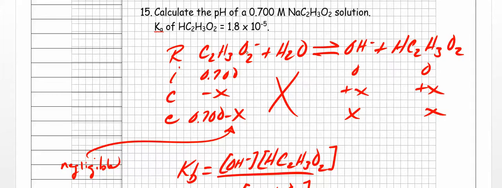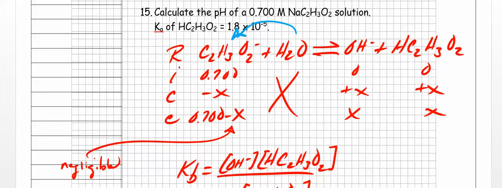So let's undergo a hydrolysis then. So we say plus H2O. And which way does the proton move? Obviously, it's going to move from the water to the acetate, like that, right? So now we've got our reactants in equilibrium with our products. We've got OH minus plus acetic acid, HC2H3O2, right?